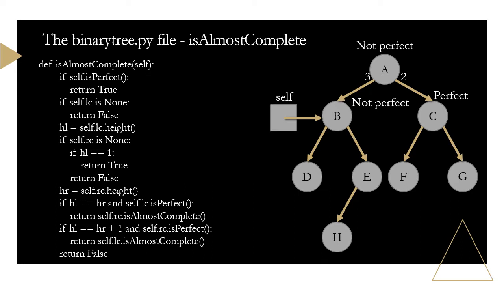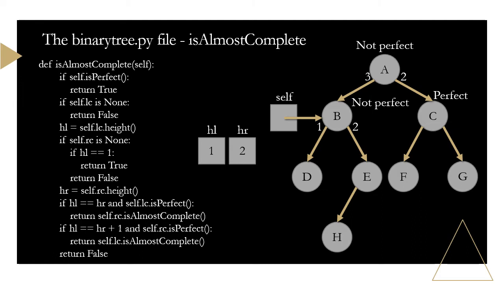Then we call the height function, which gives us height of the left subtree of B. HL is 1. Does B lack a right child? No. So we call the height function for the height of the right subtree of B and we get 2.